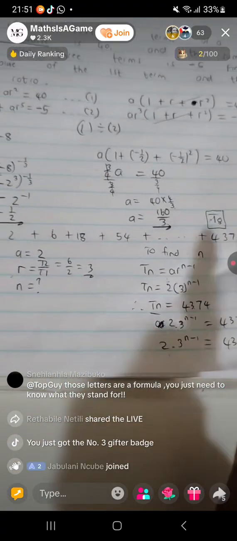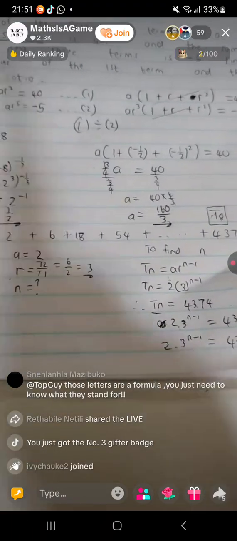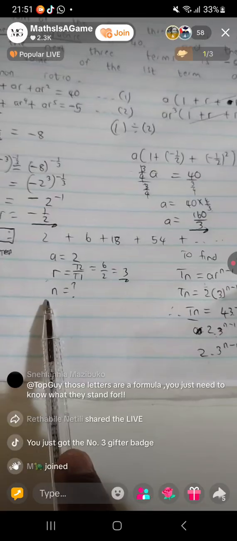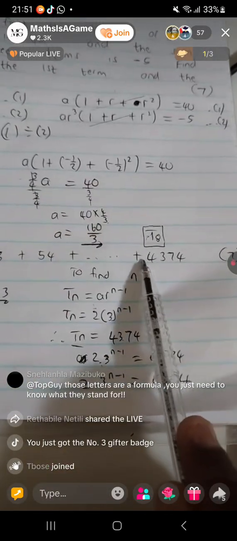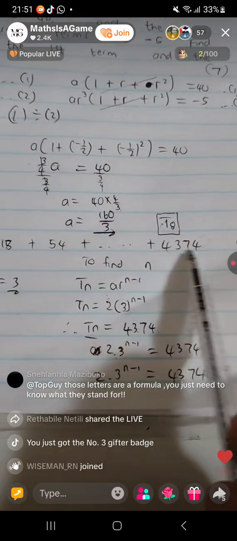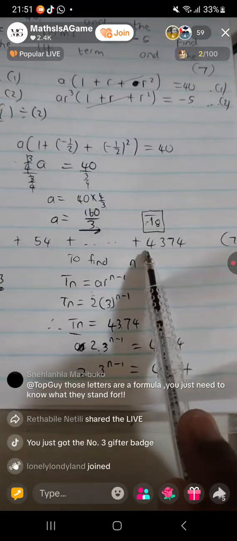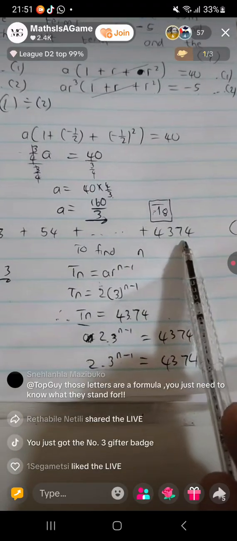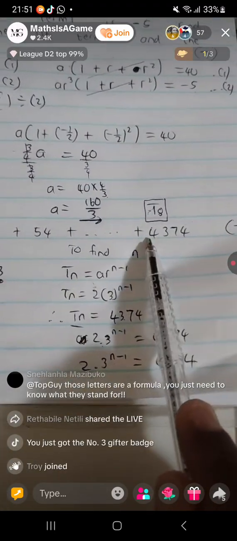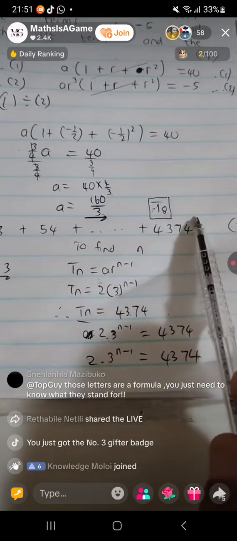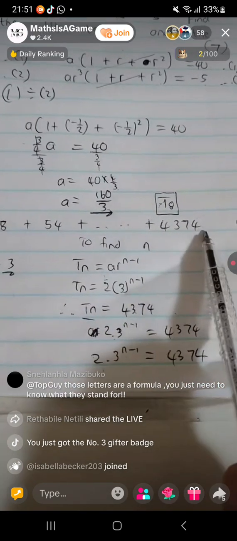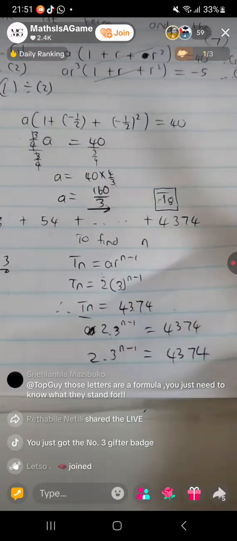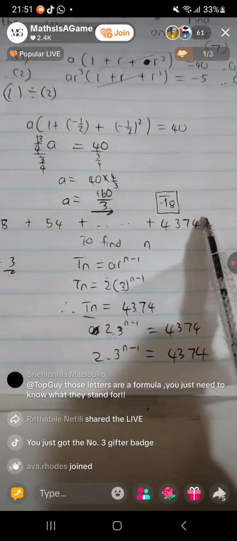When we look at this series, one way in which we can find the number of terms is if we take the last term in the series and find the position of the last term. Remember, n in Tn means the position of the term. So if we can figure out what number term this is, then we'll be able to know how many terms there are.